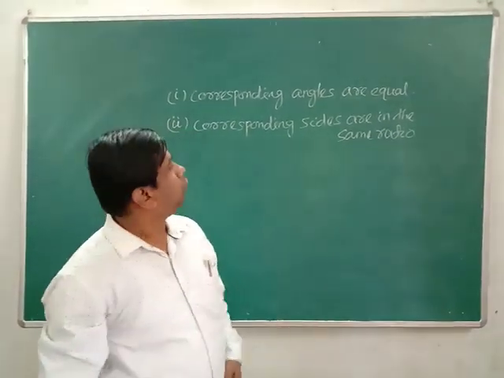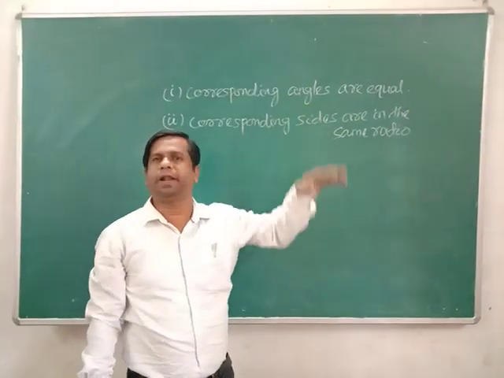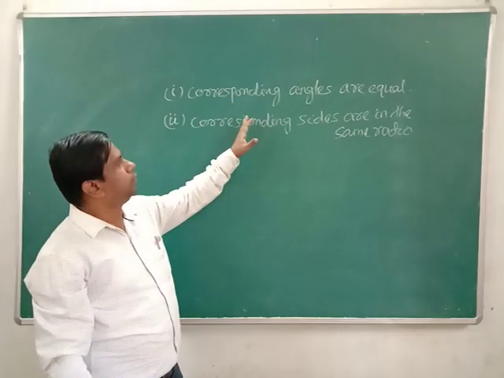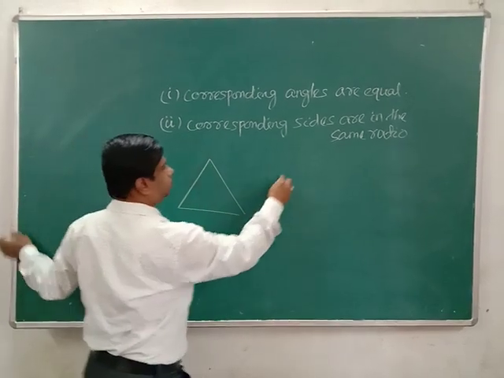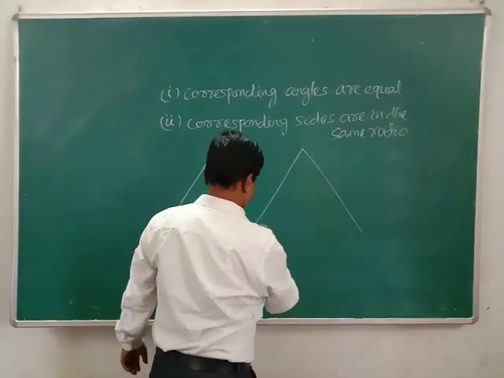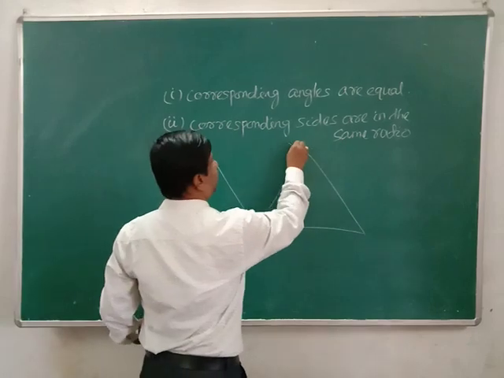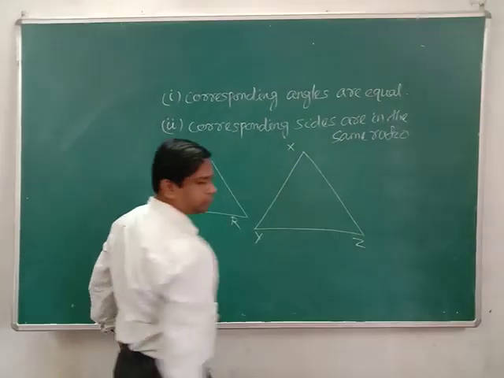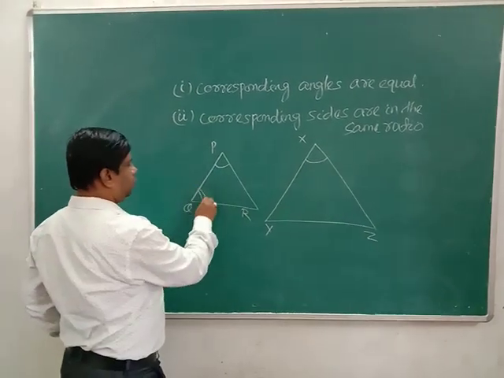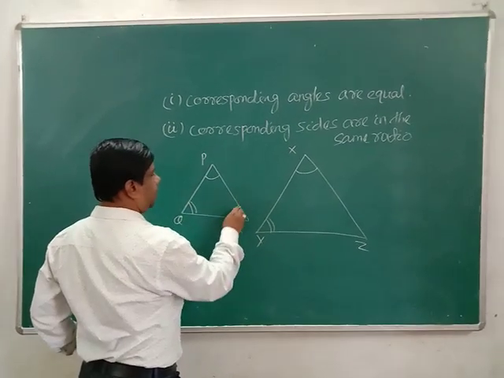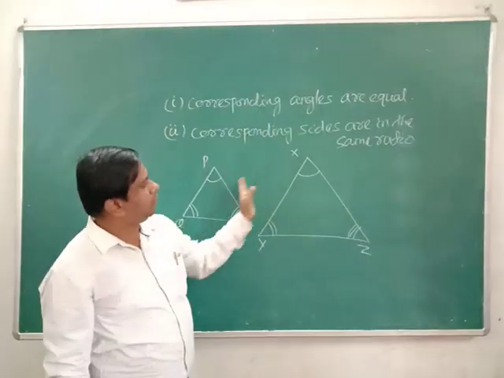Okay, so as triangle is also a polygon, so these two conditions are also applicable for triangles. So we will now look at this figure. Let it be P, Q, R, and this is X, Y, Z. Angle P is equal to angle X, angle Q is equal to angle Y, and angle R is equal to angle Z. So corresponding angles are equal.